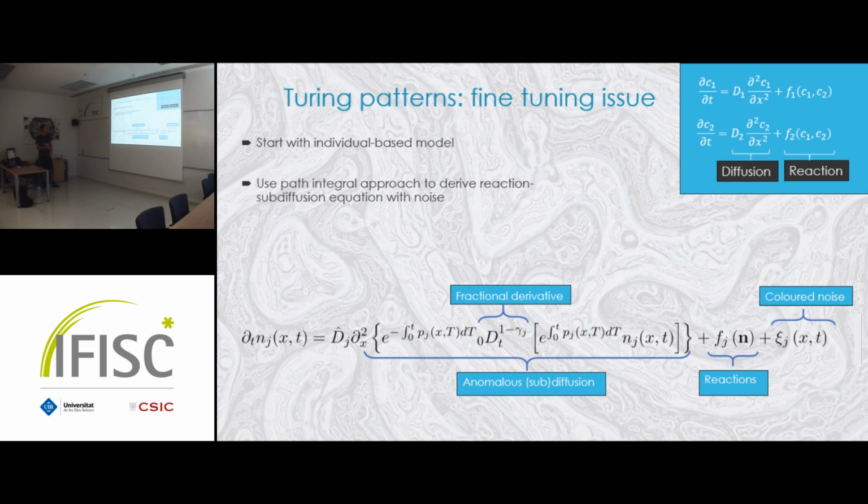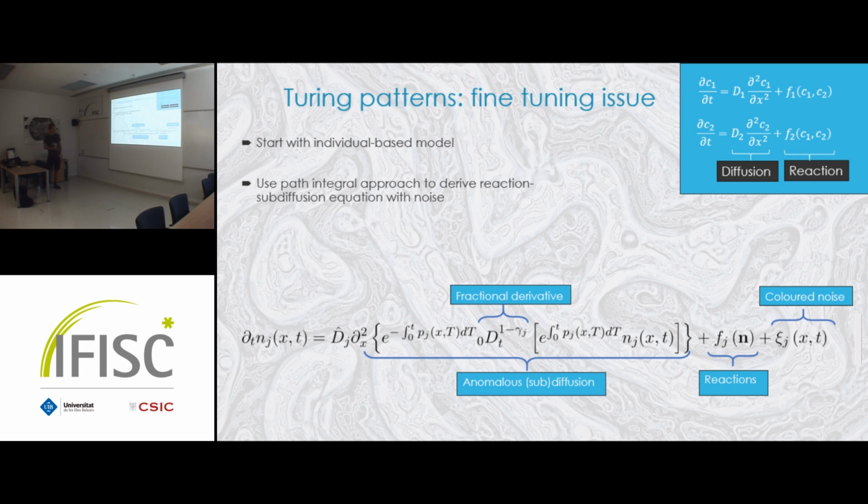So we have a rather ugly looking fractional diffusion term here, where we have this fractional derivative, which is manifestly non-Markovian. So this is dependent upon the history of the system. This is where our non-Markovian effects are coming in due to the subdiffusion. And also we have these integrals over time in the exponents here. So this is our anomalous diffusion term, which is clearly very different to the diffusion term in Turing.